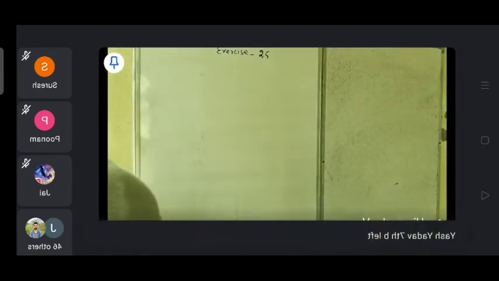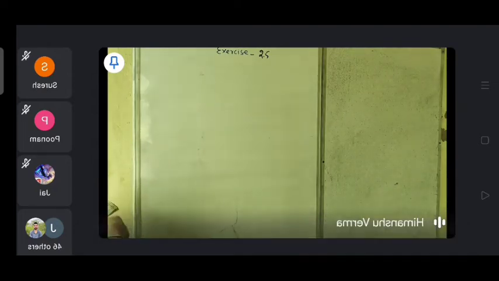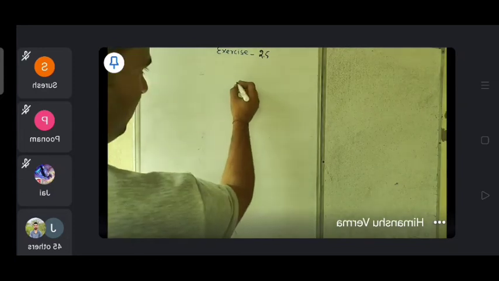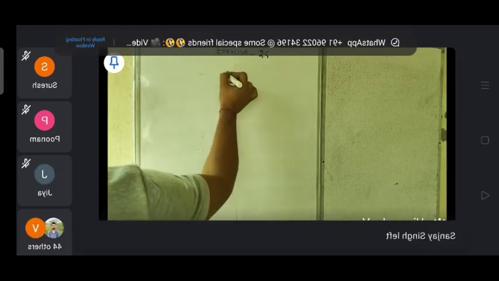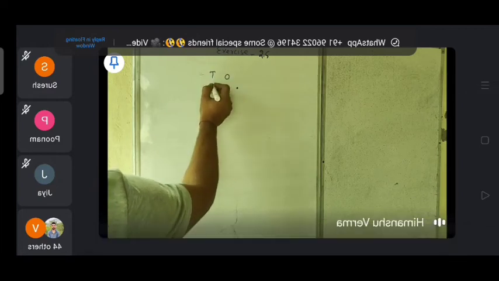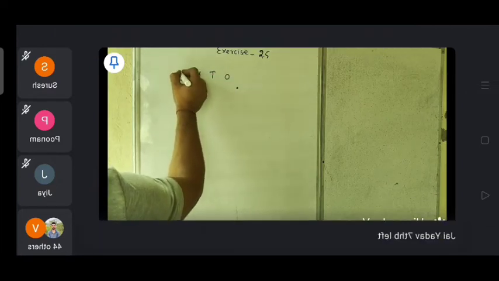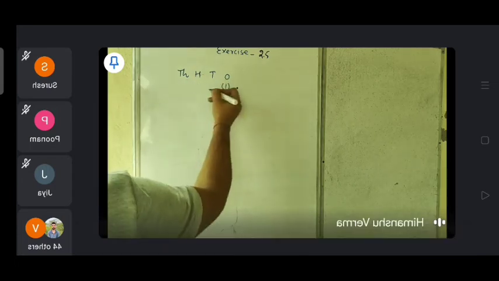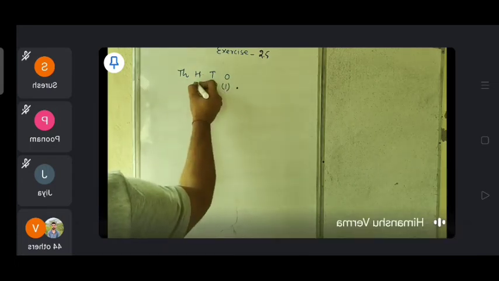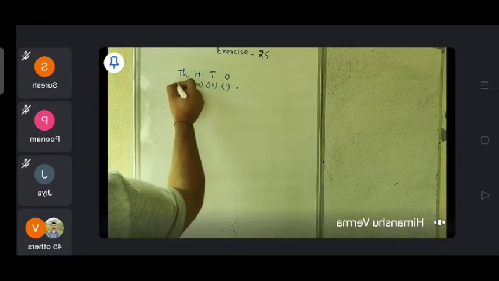Any whole number starts from the right hand side. This is your decimal point. We will start with ones here, then tens, then hundreds, then thousands, and so on. The ones value is 1, tens value is 10, hundreds value is 100, thousands value is 1000, and so on.